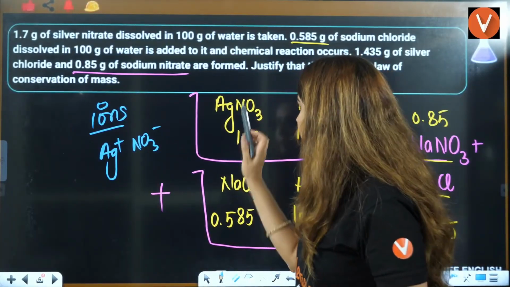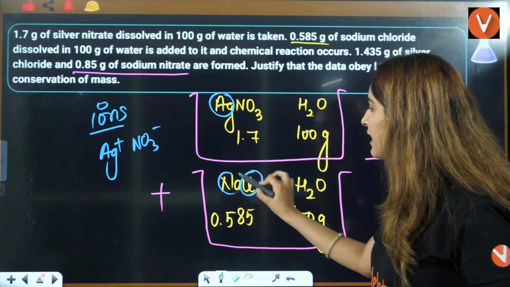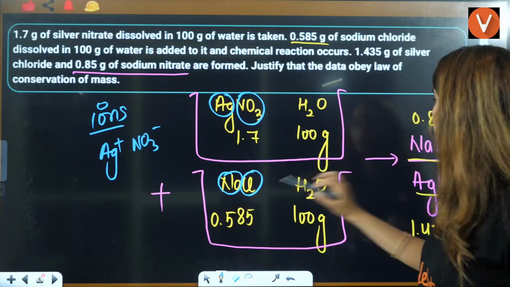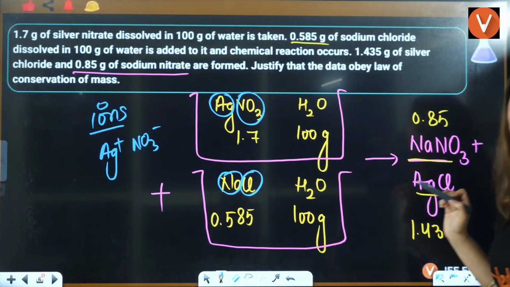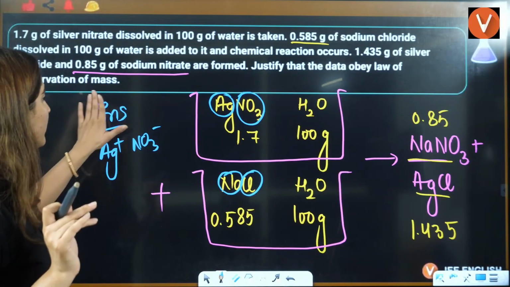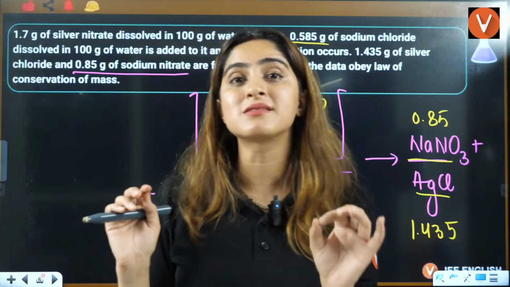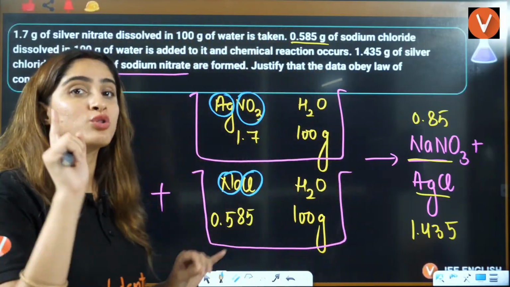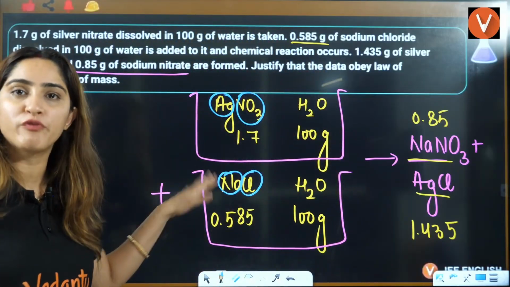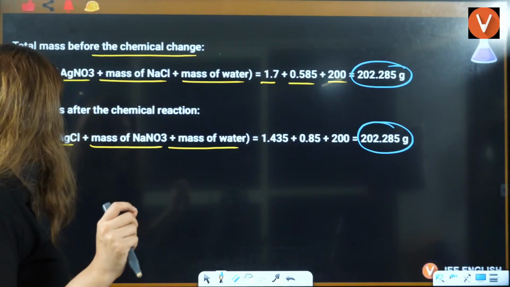What is happening is this Ag is combining with this Cl, and this Na is combining with NO3, and that's how you have the product side. But for that, you need to know the valencies of the ions that I taught you in the basic foundation lecture. That's why I taught that lecture before starting the actual chapter.